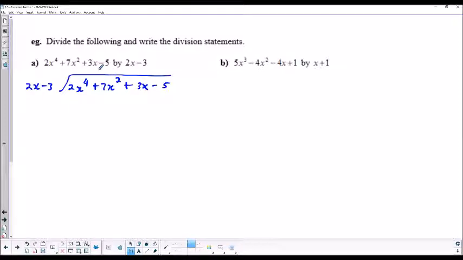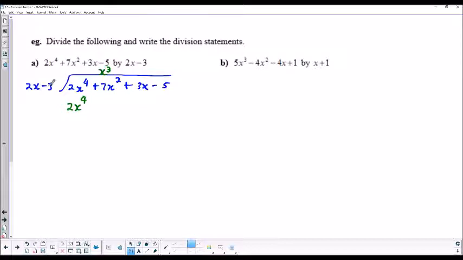Well, I see that I need to put the x cubed here, but there's no x cubed down here. In the last question we had, the part of the quotient was above a like term, and I don't see that right now. So I'm going to have to be aware of what's going on here. If I multiply x cubed by 2x, I get 2x to the power 4.